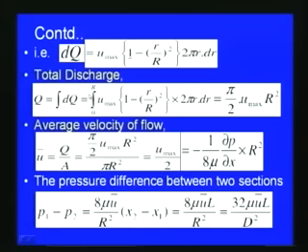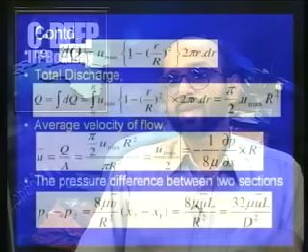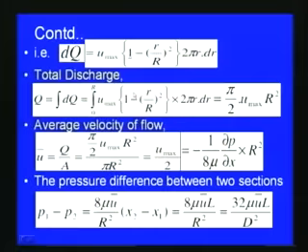Now we have found the velocity distribution, we got an expression for velocity and then we derived an expression for the discharge, and then if you want to find out the pressure difference between two sections, we can just use the equation. Since our earlier velocity equation is with respect to the pressure, we can write P1 minus P2 is equal to 8 mu u bar by R square into x2 minus x1, that means the distance from one section to another section.